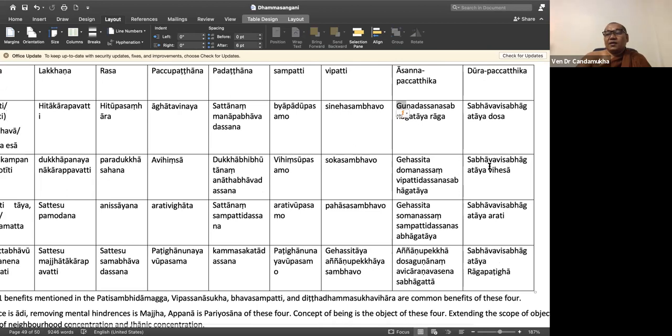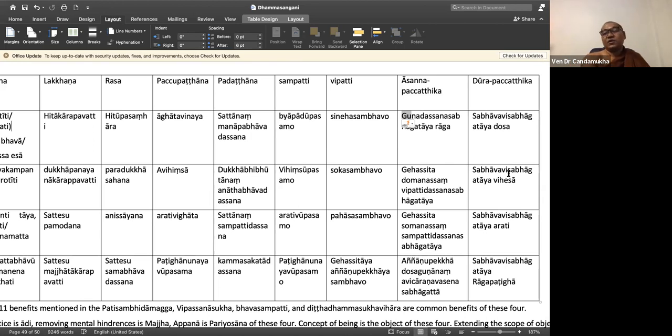And then the distant enemy is visabhaga, a different nature.